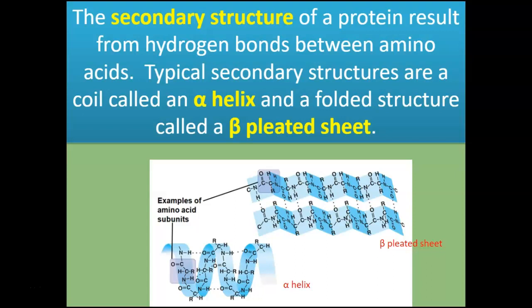As we start to form a protein, this polypeptide chain starts forming hydrogen bonds. These hydrogen bonds start twisting and pleating amino acid subunits.